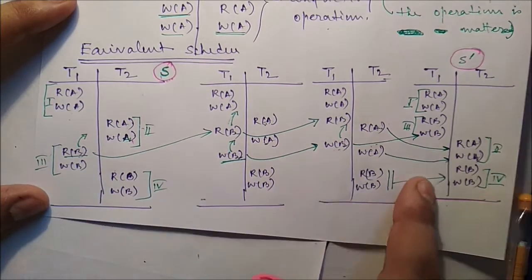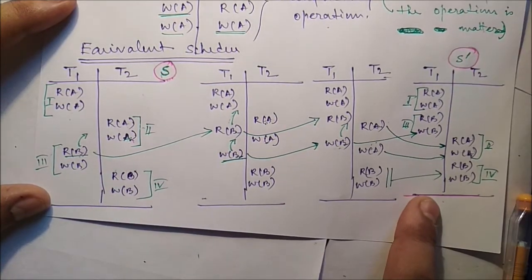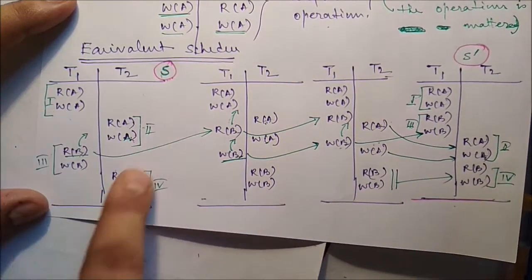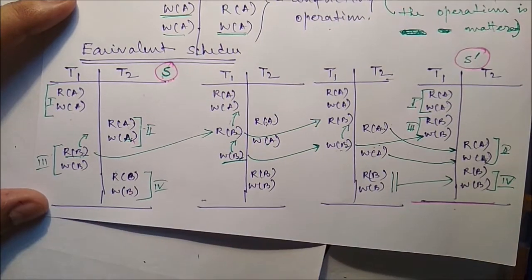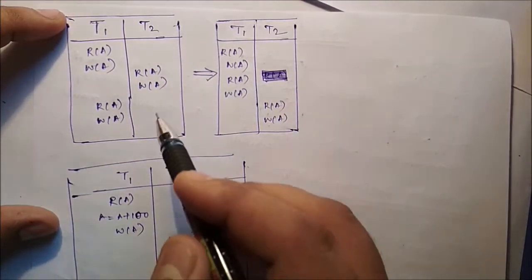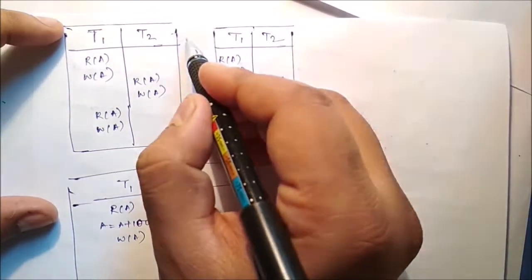Okay, so with the help of conflict serializable, we can test whether that particular concurrent schedule will produce a correct result or consistent result or not. Now we can see one example here.